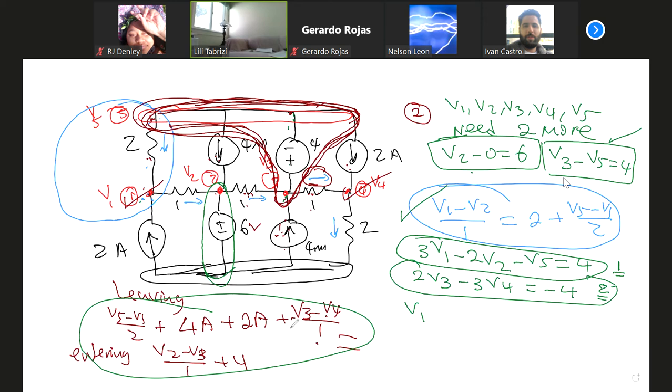Then write them in order: minus 2v3, minus, multiplying by 2, minus 3v3, because there is v3 also on this side.